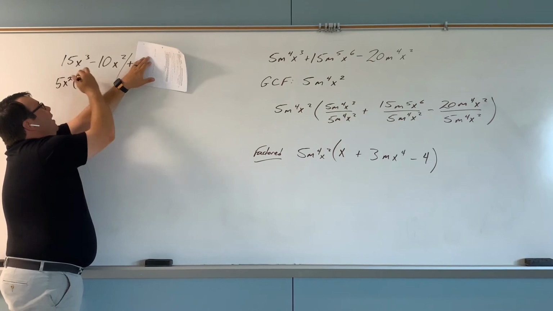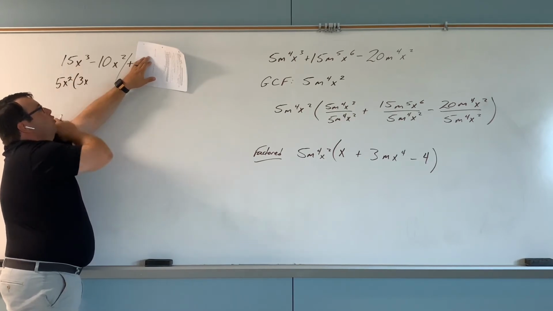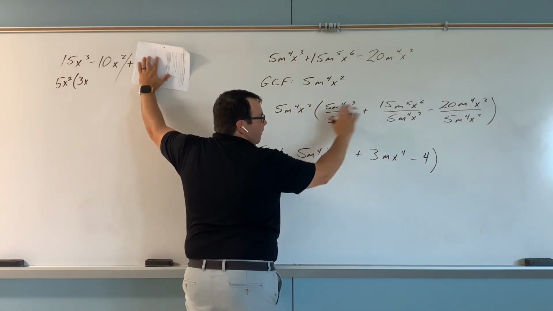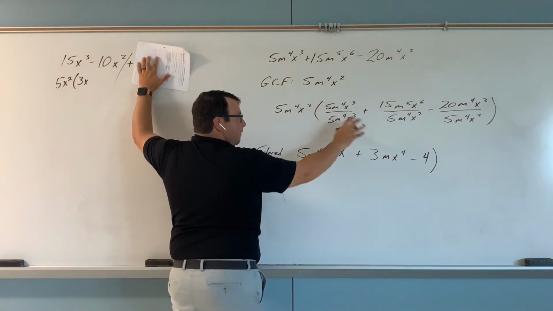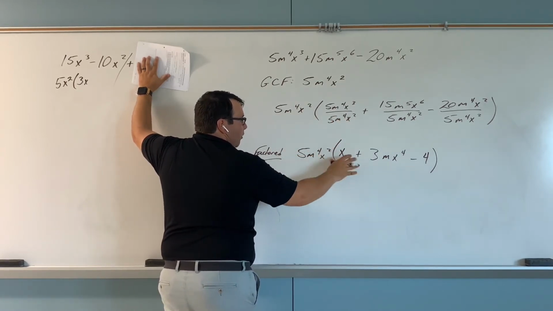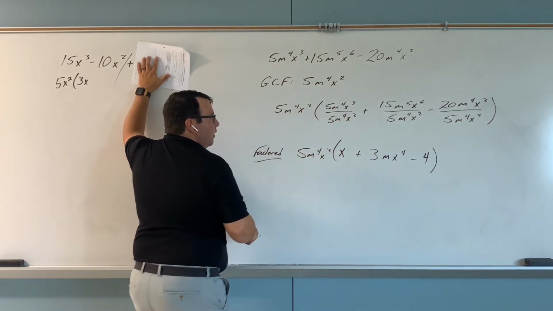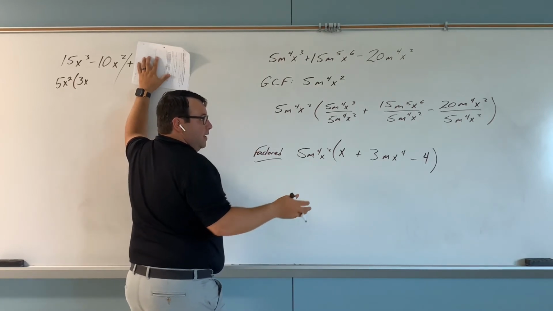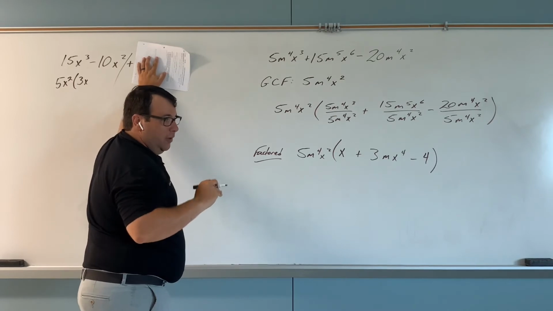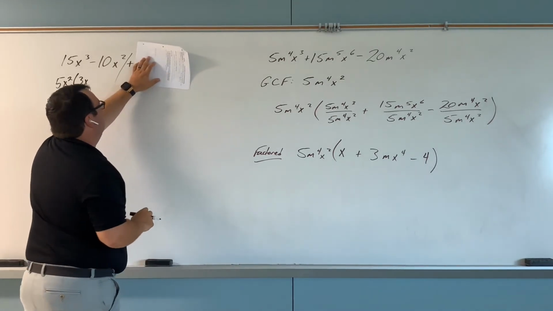X squared times x would give you the x cubed. So I'm simply skipping this intermediate step where I'm dividing out. You can absolutely still do this, but I am going straight to this format where I'm factoring out that GCF. So if you're needing to see the intermediate step, go through and write it step by step where you're dividing out. I'm skipping that for now.